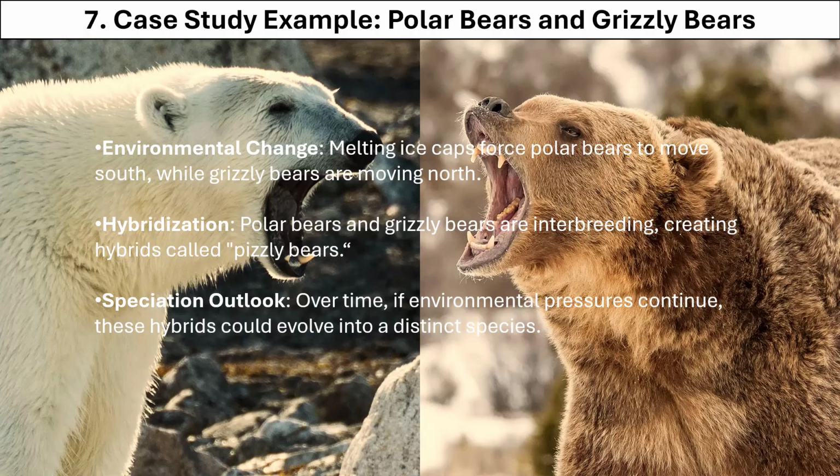Let's look at the example of speciation between polar bear and grizzly bear. Environmental changes, such as the melting of ice caps, forced the polar bear to move south from the north pole of Earth, while grizzly bears are moving towards the north. Now, the polar bear and grizzly bears are interbreeding with each other, creating a hybrid.